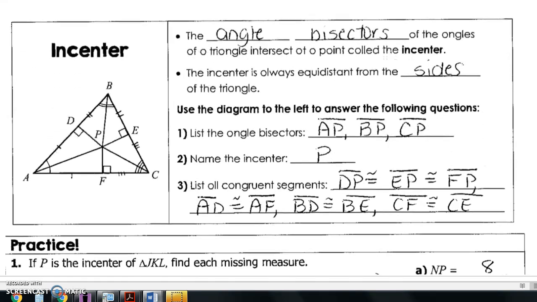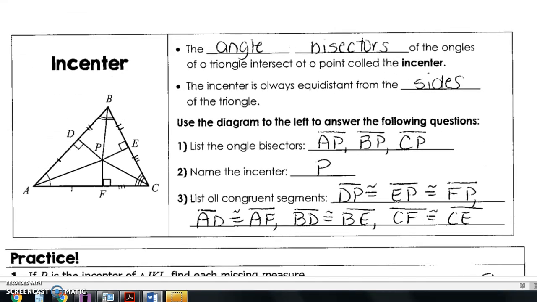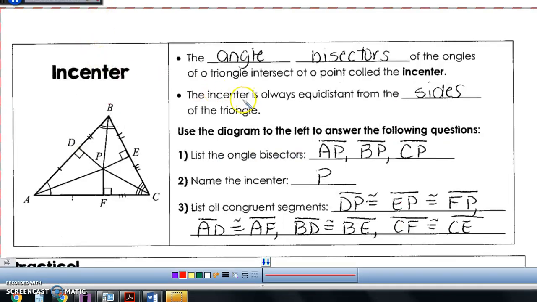All right, on the back side, we've got incenter. The incenter is the point where all of the angle bisectors come together. So the first line here is angle bisector. And the incenter is always equal distance from the sides.